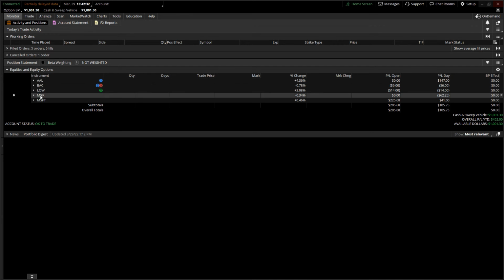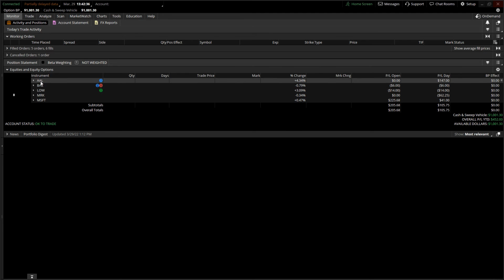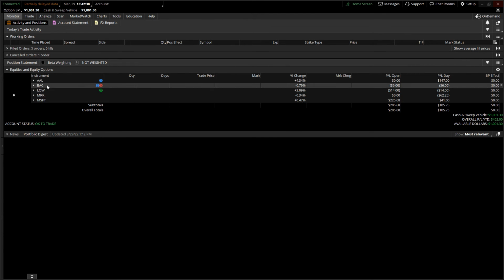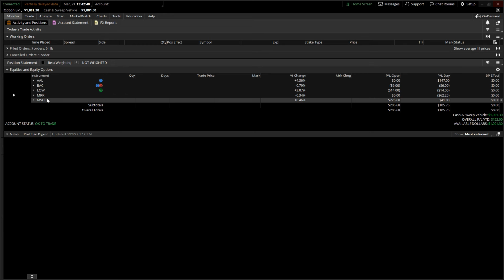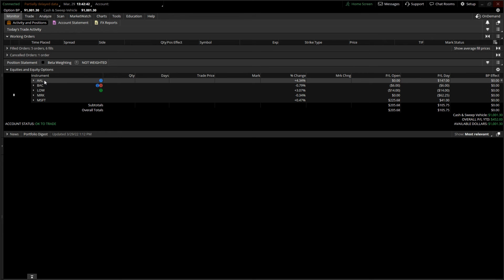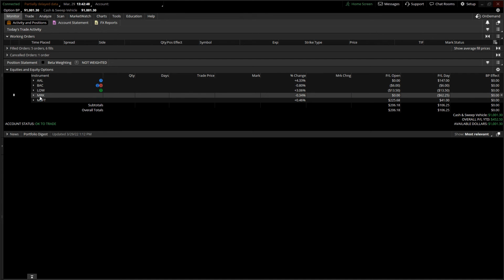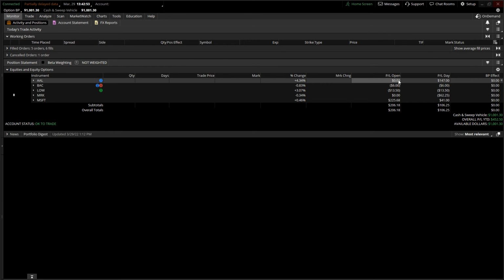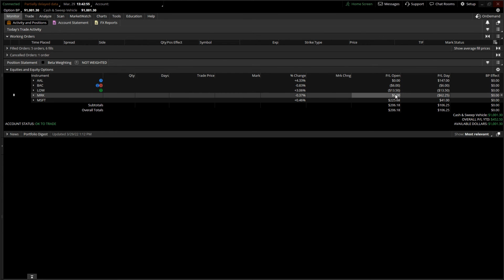As you can see here under the equities and equity options window, there's been some activity since the American Airlines review. I've since closed out American Airlines and I've closed out Merck. So you can see there are 0 positions here, for American Airlines and for Merck.